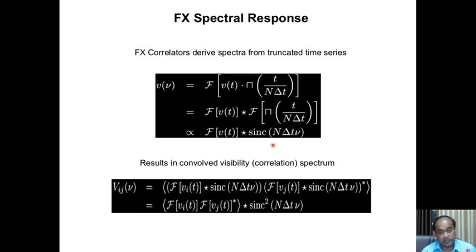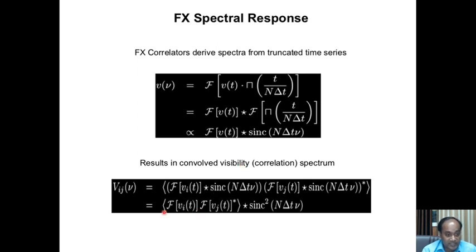That's because the response function was a rectangular function in this case, which represents a finite bandwidth. Now when you correlate it, in this case a cross correlation because you bring the signal from two different antennas, you get a visibility function, which is a multiplication of the two Fourier transforms, convolved with a sinc square function. So these are the mathematical details.